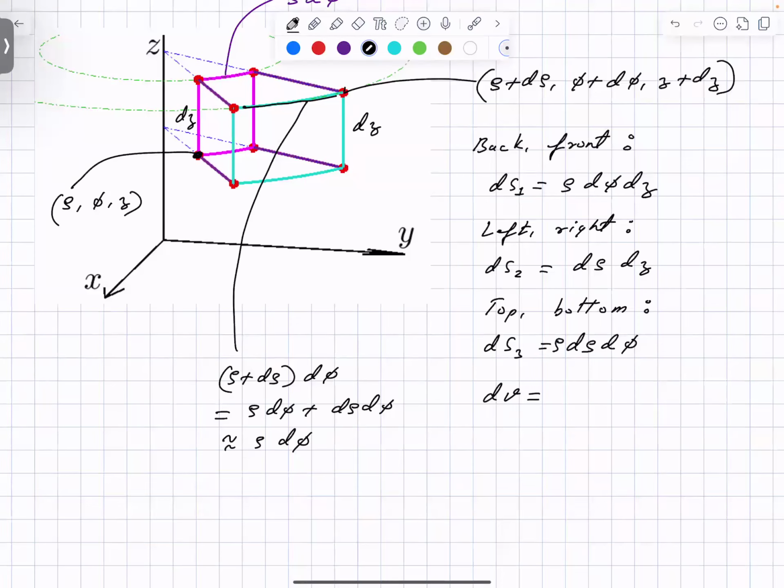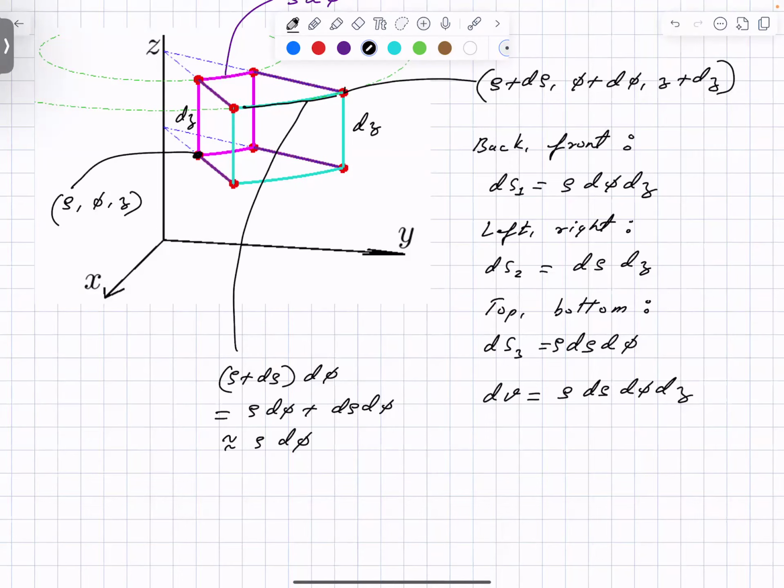We know that height is dz, the length of the arc is rho d phi, and one of the lengths is d rho. Multiplying those, we get rho d rho d phi dz. So that is the volume of this small box. Any question?